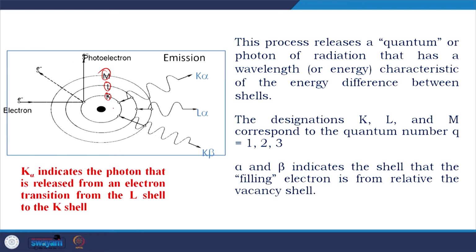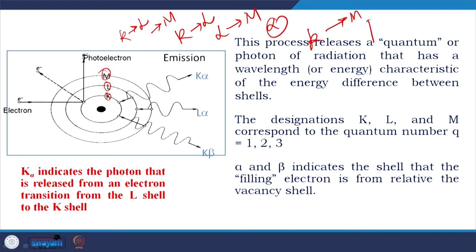K alpha indicates the photon that is released from an electron transition from the L shell to the K shell. So, it is K, L and M. So, if it is K to L or L to M, this is alpha. If it is K to M, this is beta.